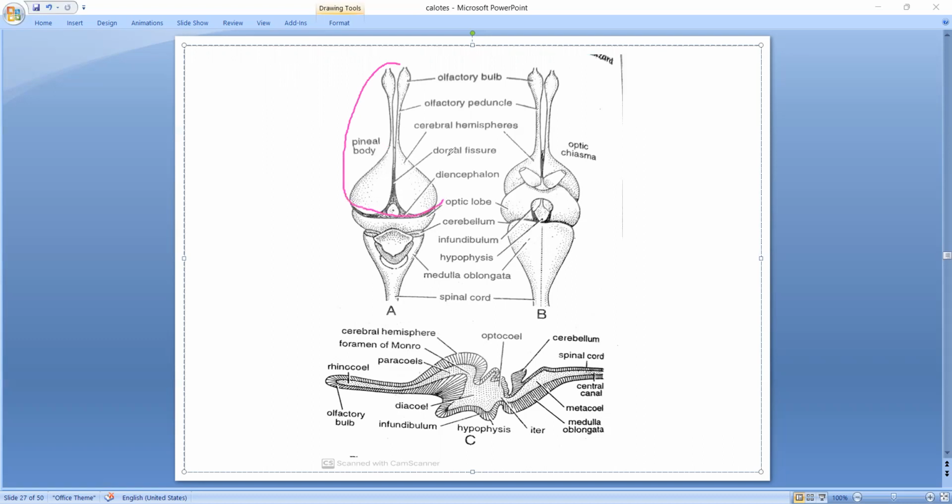Up to here is the forebrain, this part is the midbrain, and this part is the hindbrain. Just like other vertebrates, the Calotes brain also contains three parts: forebrain, midbrain, and hindbrain.